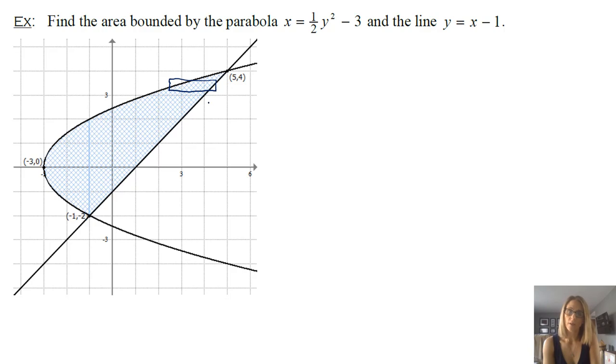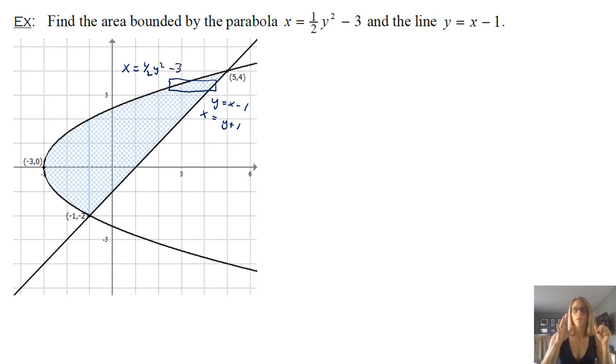We can see that y equals x minus 1, which does happen to be a function, is always on the right side. It's very easy to also write that as x equals y plus 1. It's very easy to interchange how it's written. The other curve here is not a function. It's a sideways parabola.